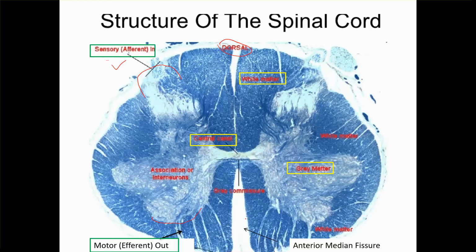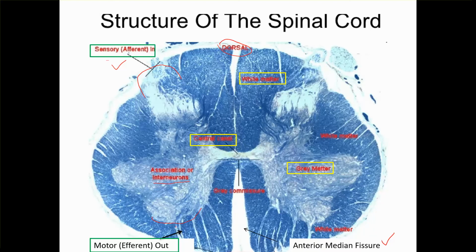Here also you can see that in the ventral aspect you have the anterior median fissure, and in the dorsal aspect it is called the dorsal median sulcus. Okay, fine. Then there are interneurons present in between the two.